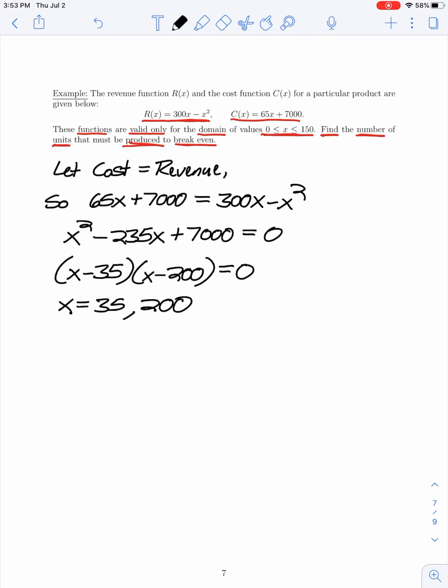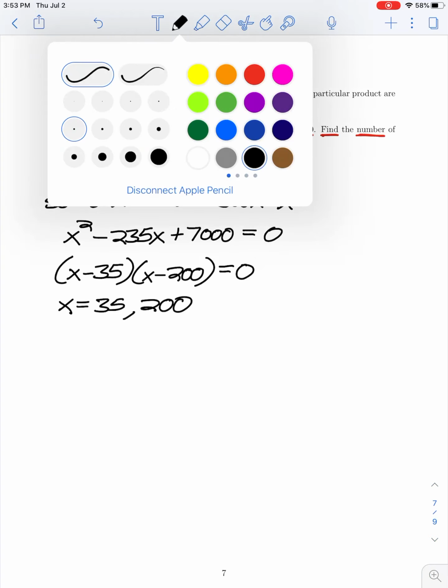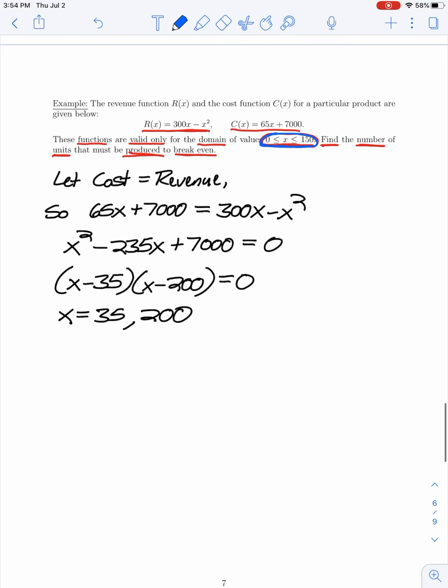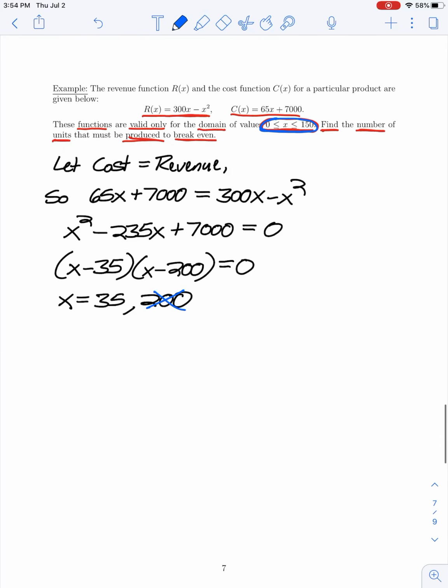So we have two values of x here for which revenue is equal to cost. But recall in the problem statement that this cost and revenue function was only valid on the interval from 0 to 150. So this value of x equals 200 we have to throw out, since it does not lie in the domain of those functions.